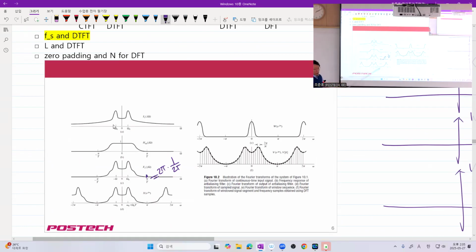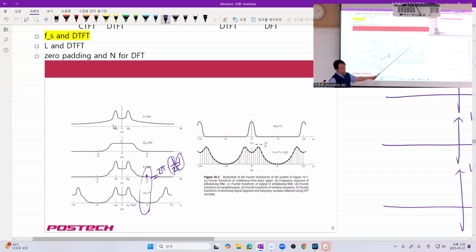So this is half the sampling rate. And half the sampling rate corresponds to pi in the discrete time Fourier transform. Got it? So sampling rate determines which capital omega becomes pi in DTFT.